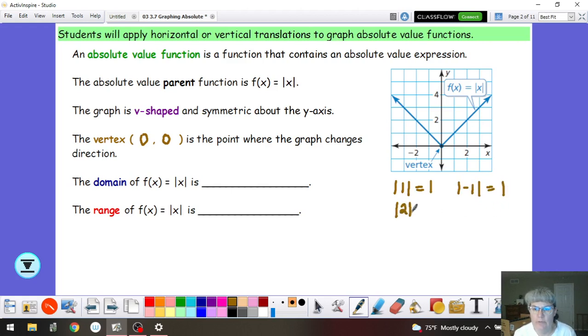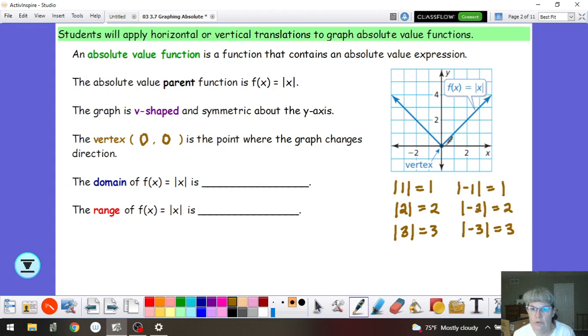The absolute value of 2 is 2, and the absolute value of negative 2 is also 2. The absolute value of 3 is 3, and the absolute value of negative 3 is also 3.